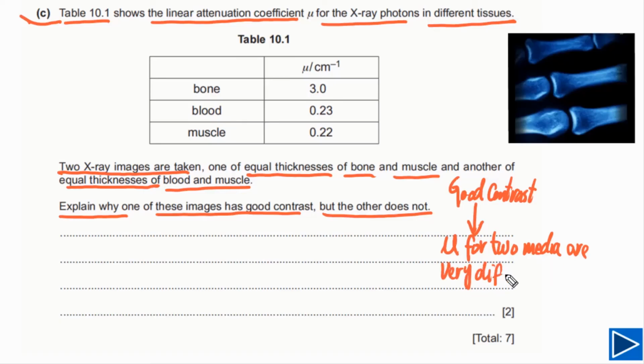It simply means that if mu1 is much greater than mu2, and vice versa, if mu2 is much greater than mu1, the values of mu are very different.